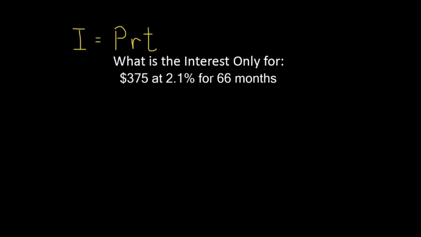$375 at 2.1% for 66 months. So it wants to know what our interest is. So we don't know the I, so we can put I equals, and what is our principal? Well, our principal is $375. It doesn't tell us if it's a loan or an investment, but $375 is still the principal.